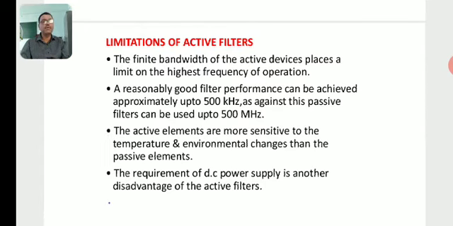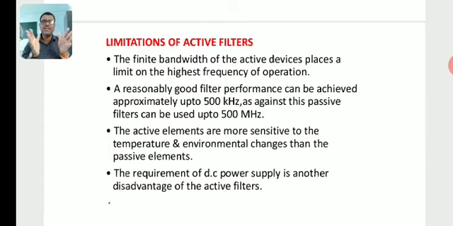A reasonably good filter performance can be achieved approximately up to 500 kilohertz. As against this, passive filters can be used up to 500 megahertz. So the active filters can be used only up to 500 kilohertz, whereas the passive filters can be used up to 500 megahertz.